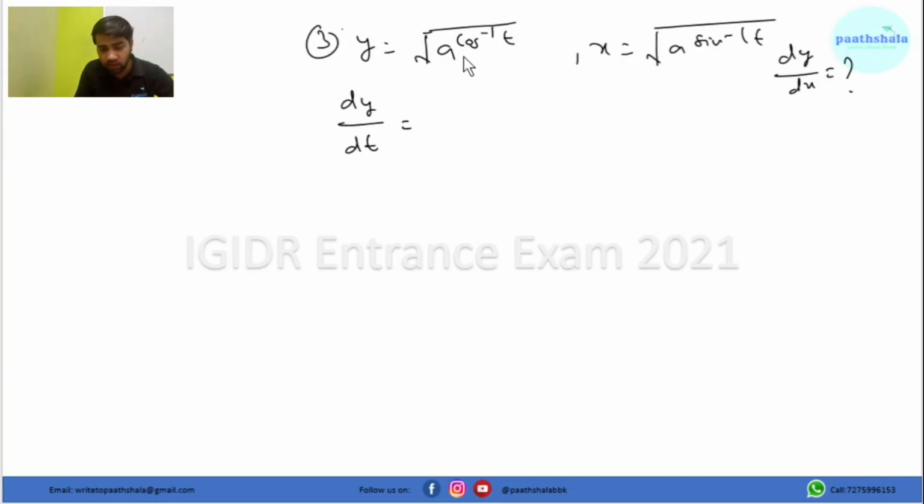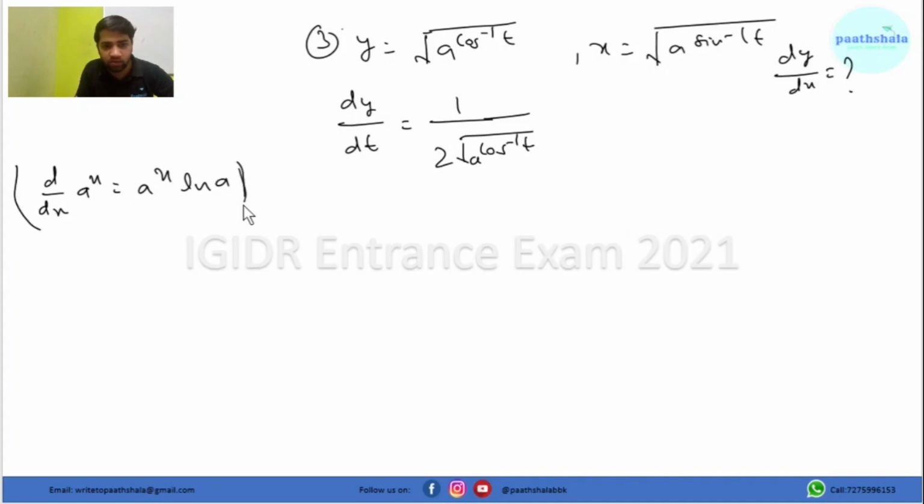As we already know, the differentiation of root x is 1 upon 2 root x. So this will come out to be 1 upon 2 root a to the power cos inverse t. And again, by applying the chain rule, we'll use the formula d by dx of a to the power x, that is a to the power x ln a.